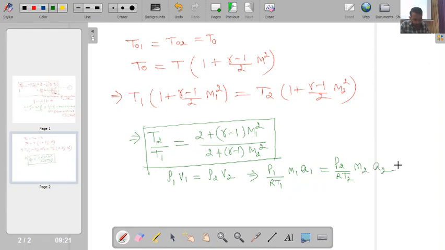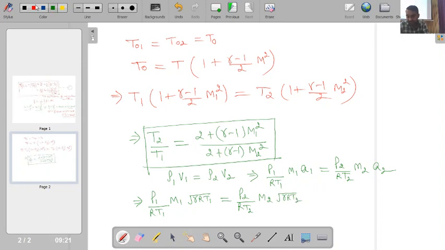Now once again for a calorically perfect gas I can write P1 by RT1 into M1, and in place of a1 I can write square root of gamma R T1. And this will be equal to P2 by RT2, and then M2 times square root of gamma R T2.